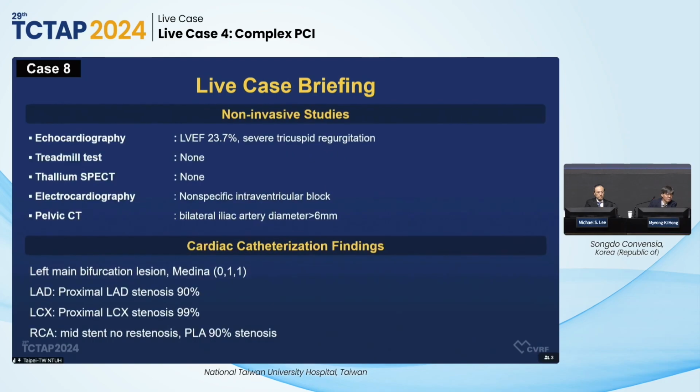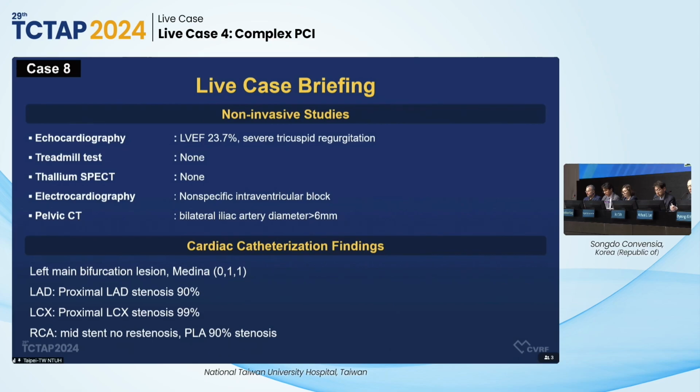Previously, the echo showed severely reduced ejection fraction with LV ejection fraction 23.7% and severe TR. For further treatment, we had a full discussion with him, and he declined the CABG option.